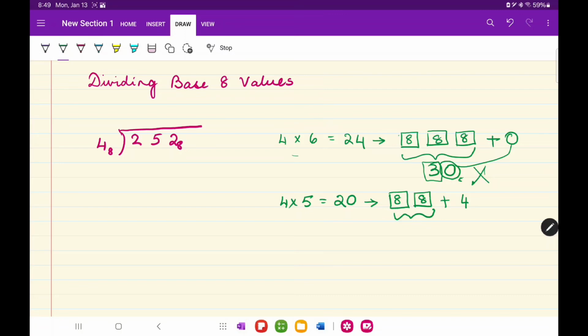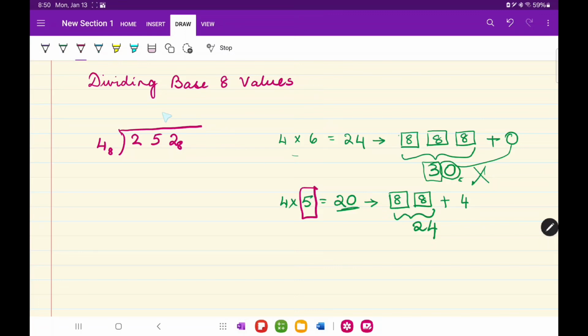The octal equivalent, or the base 8 equivalent of 20, is 2 bundles of 8 and the 4. So 24. So 24 will work for us because it is close to 25 without going over. So what I do is I take this 5, all right?